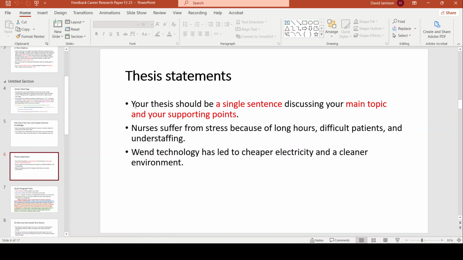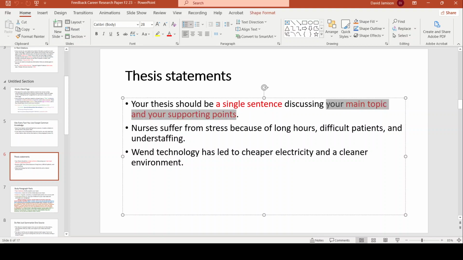Thesis statements. Your thesis statement should be a single sentence discussing the main topic and your subject's point, your supporting points. So, generally a research thesis statement is going to be something like, people should buy electric cars because they are cheaper to drive and safer for the environment.